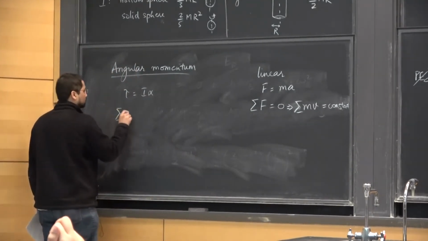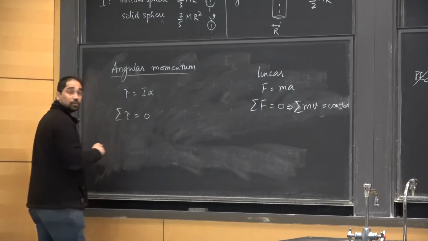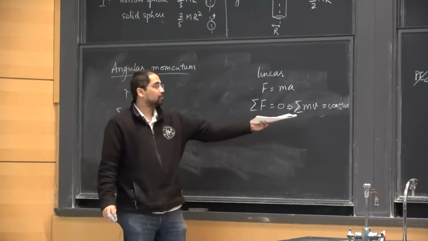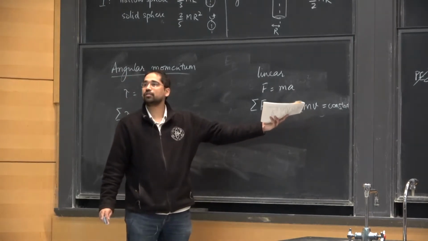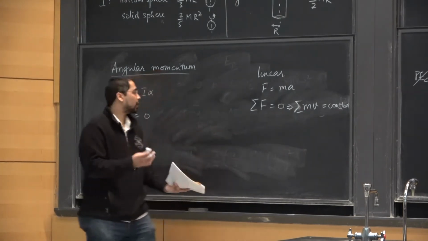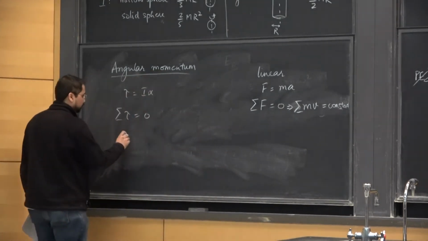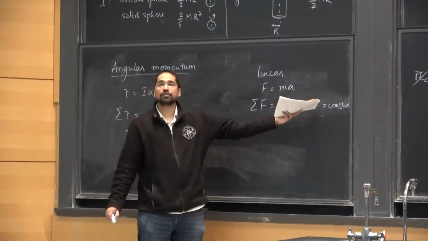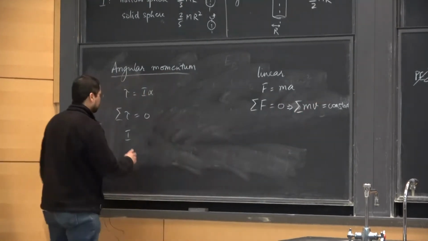Similarly, if the sum of all torques is 0, what is the rotational analog for m? What is mass in rotational motion? What is the stand-in? I, it's the moment of inertia. What is the counterpart for v in rotational motion? Omega.